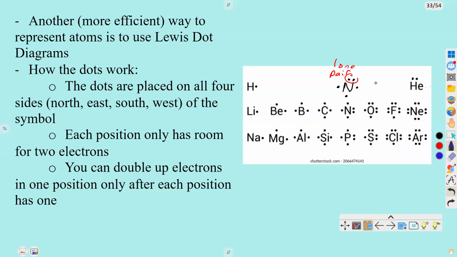Now, oxygen, I like doing oxygen because with oxygen, we end up having two lone pairs. I'm just going to change color here. So oxygen has 8 protons, like we showed before in our energy level diagram and in our Bohr diagram, 6 valence electrons. So I'm going to put 1 here, 2, I'm going around the block, 3, 4, and then I keep going, 5, 6.